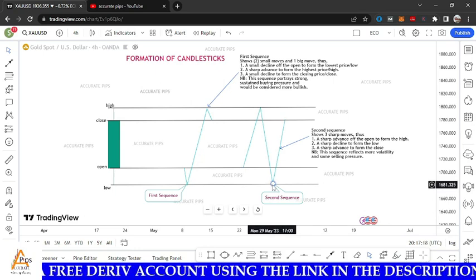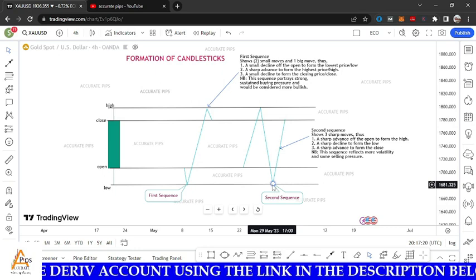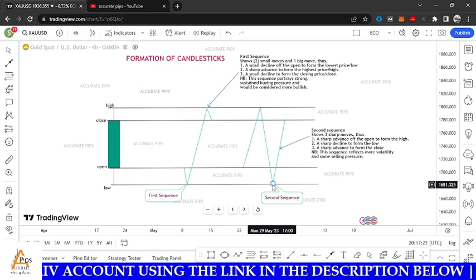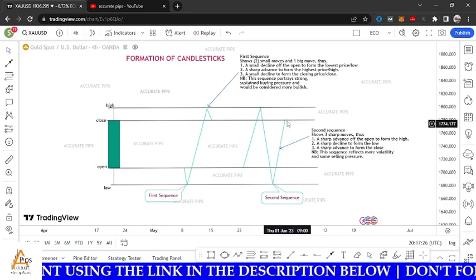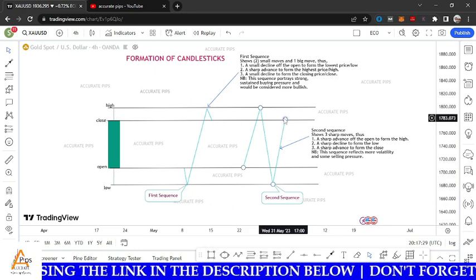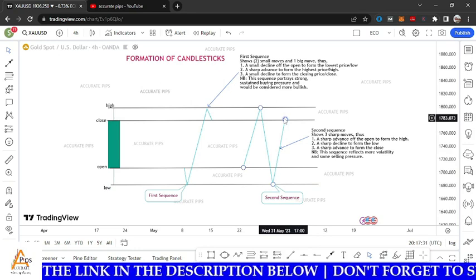Once that is completed, price then creates a sharp advance from the lowest price to give us the close of the day.